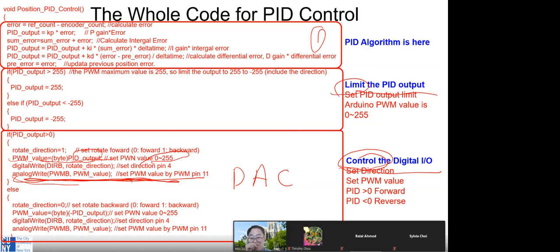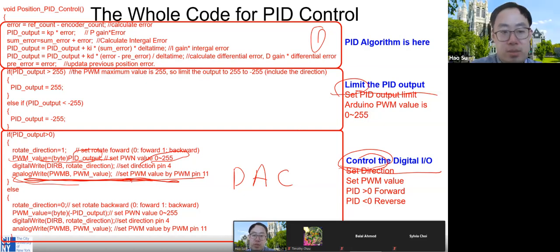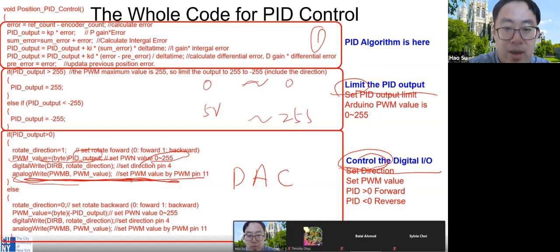Quick question. The output of 255, is that the maximum voltage in a sense? Not a voltage. For the Arduino, it's from 0 to 5 volts, and 0 corresponds to 0, and 5 volts corresponds to 255.